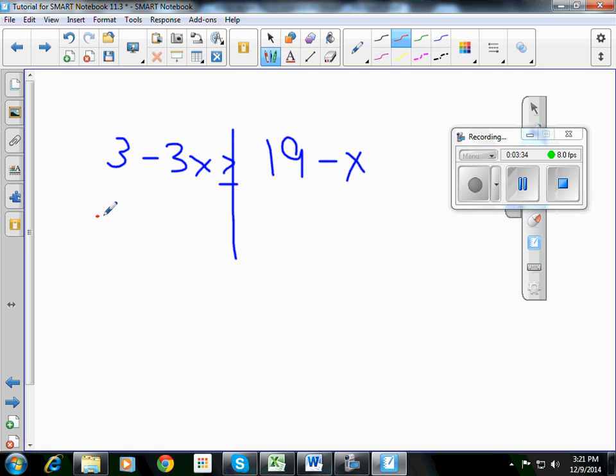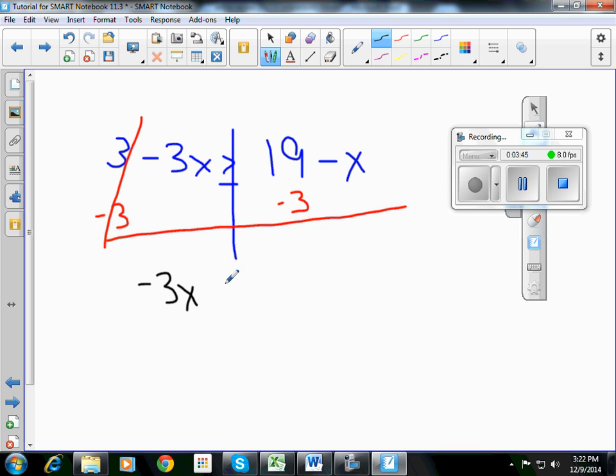So I'm going to move the 3. So now we have negative 3x is greater than or equal to 16. Subtracting the 3 from both sides, that's what we have here.